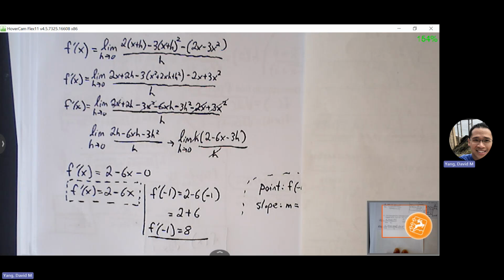So this is going to tell us how the slope is going to look at every single point on the original function. So to write the equation of the tangent line, we need an ordered pair and slope.